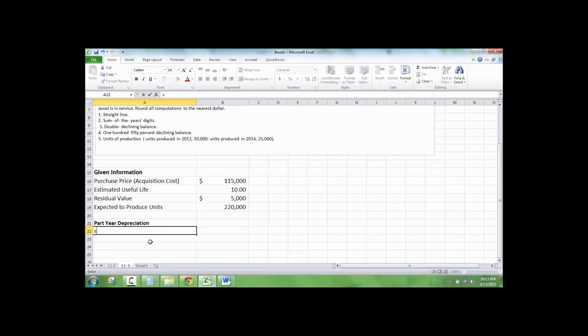So, straight line. Take the acquisition price. I'm going to hit F4 so that I can copy this to multiple places. Less residual value.